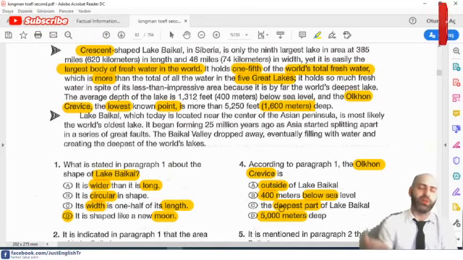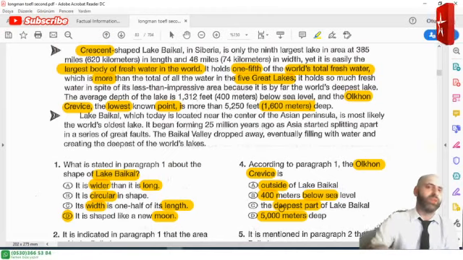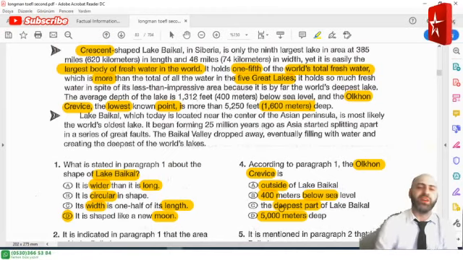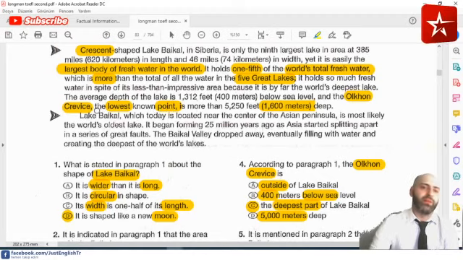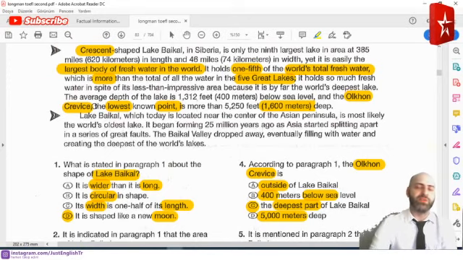Imagine a river or lake, deepest and the lowest, absolutely the same. So C is the correct answer. And it is not outside of Lake Baikal. I don't see any information about outside. It says this is the lowest point of the lake. So if it is the lowest point of the lake, of course it is part of the lake. It cannot be outside the lake.